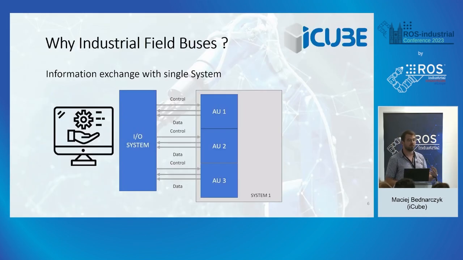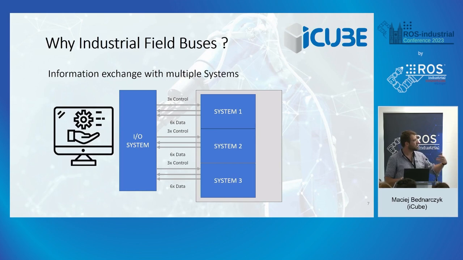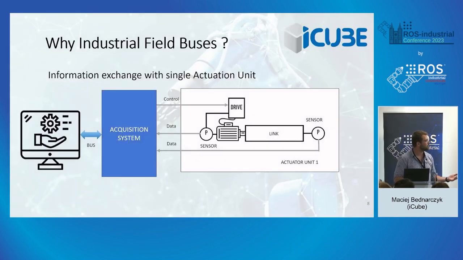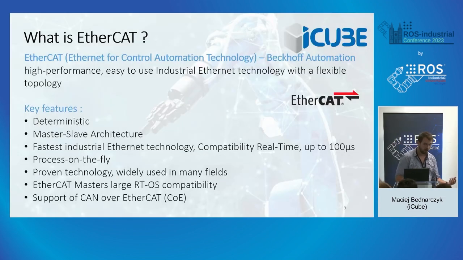But in complex systems like robots, you have many actuation units, and you multiply the number of connections that you need a lot. For example, with 3 systems of 3 components, you have an enormous amount of data and control channels that you need to take care of. The use of these Fieldbuses allows us to have one acquisition unit that is specialized in one different task, and then we can chain them together inside of our Fieldbus.